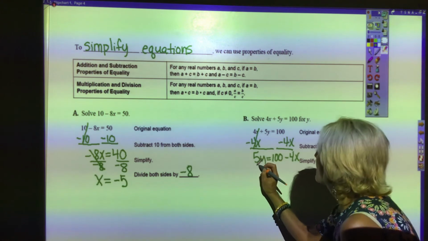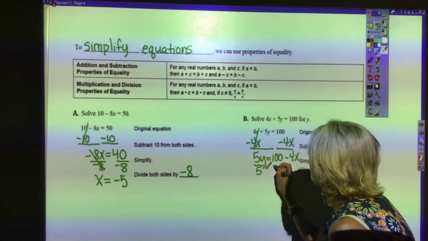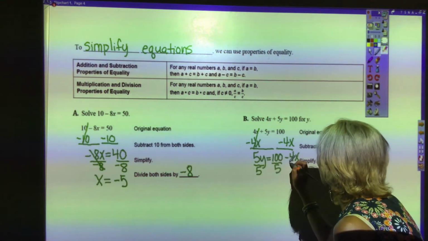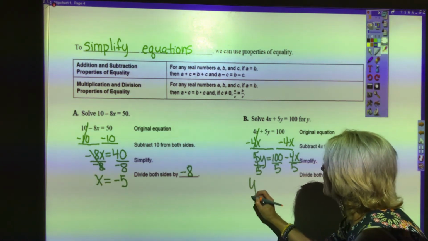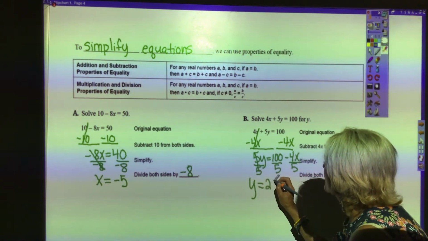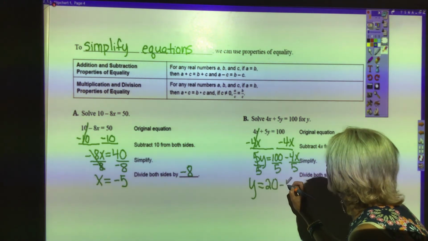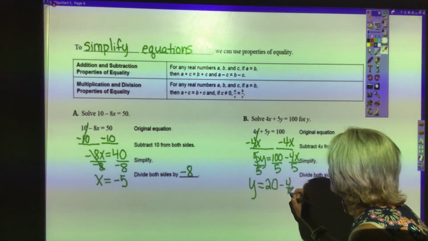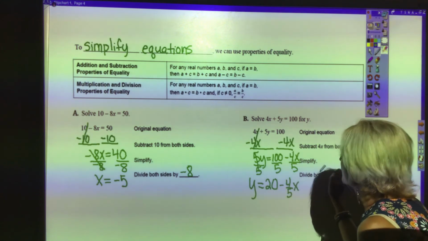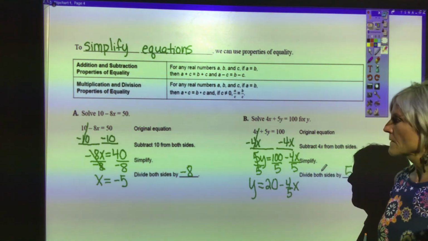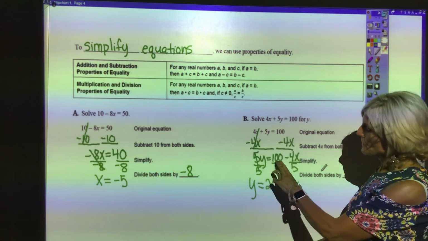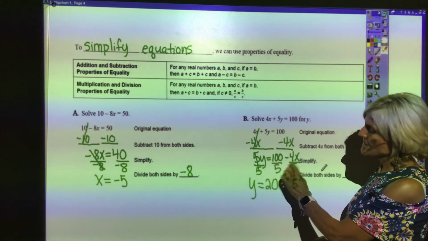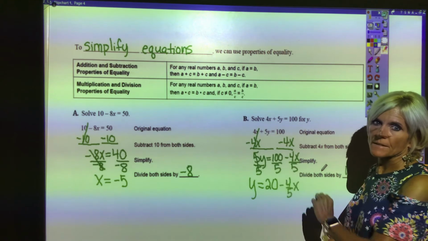So everything gets divided by 5. And we will have y equals 20 minus 4/5 x. So when you divide, if there's multiple things on one side, just remember, everything gets divided.